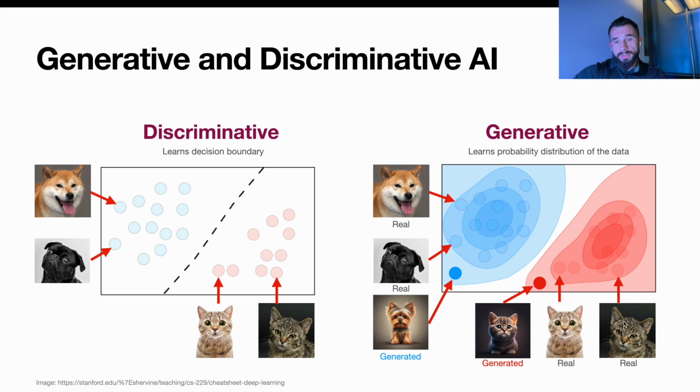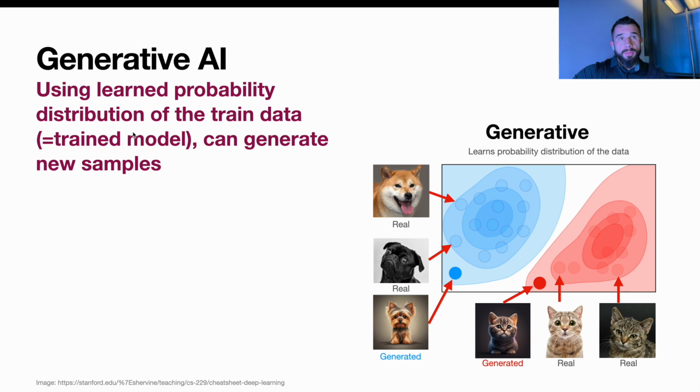So rather than the real ones that you saw as dots here, now we will learn the distribution and we can sample from this distribution and create new samples. I hope you got the idea. This is how ChatGPT was built. To summarize, generative AI uses a learned probability distribution of the training data to generate new samples.